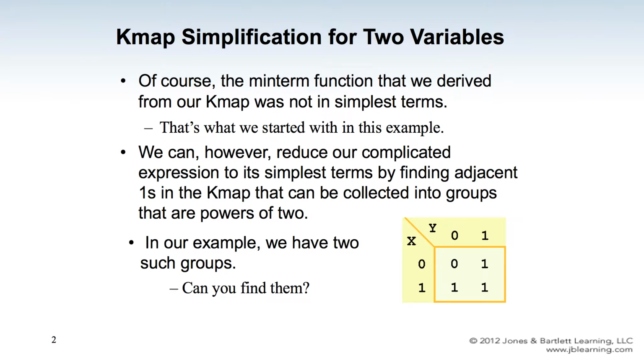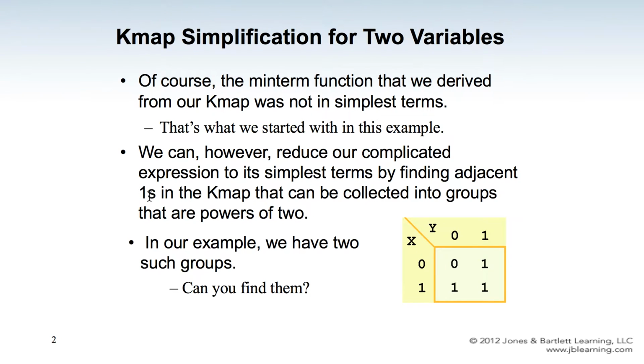We can, however, reduce our complicated expression to its simplest form by finding the adjacent ones in the Kmap that can be collected into groups, and that are a power of 2. So there's a few key pieces of information we need to pay attention to.